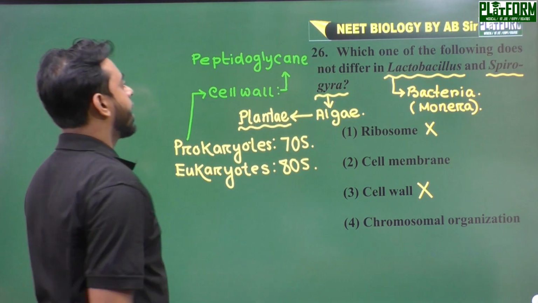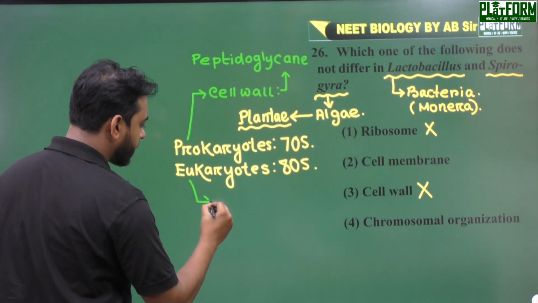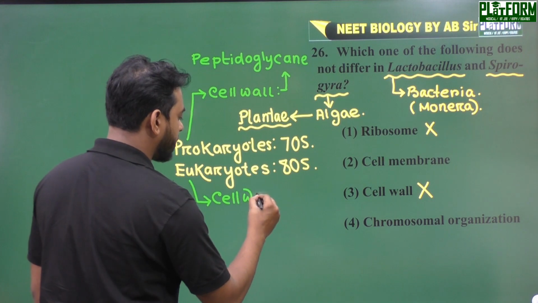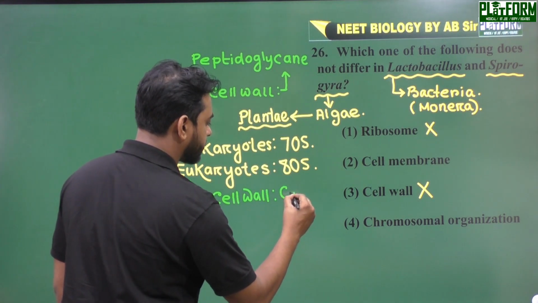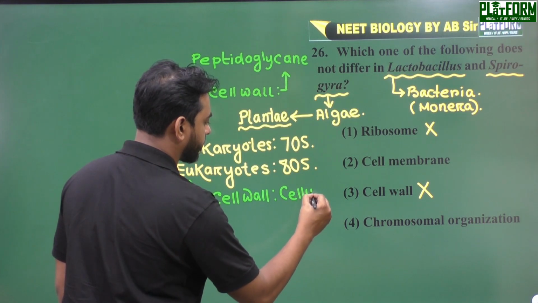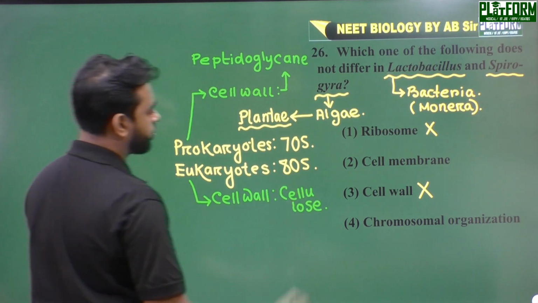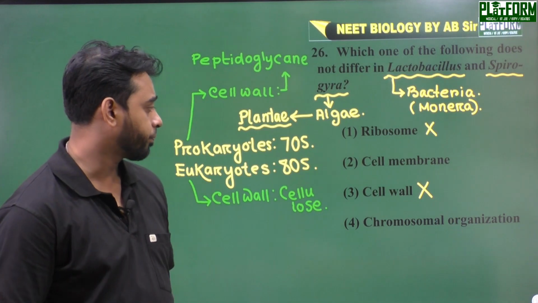Okay, and if it is a eukaryotic organism, we know that the cell wall is made up of cellulose. Fine. So it is not the cell wall.